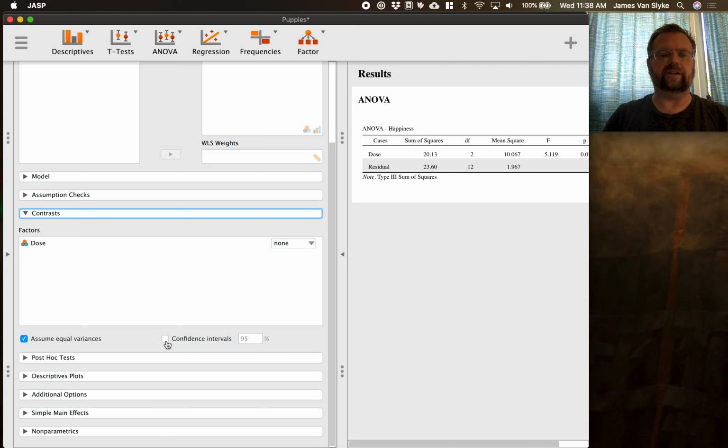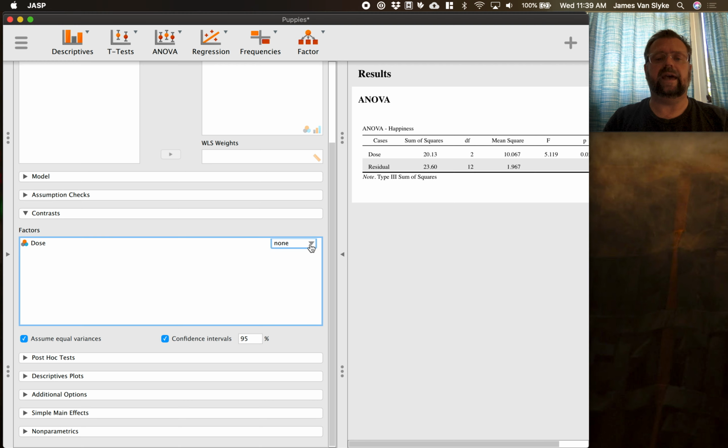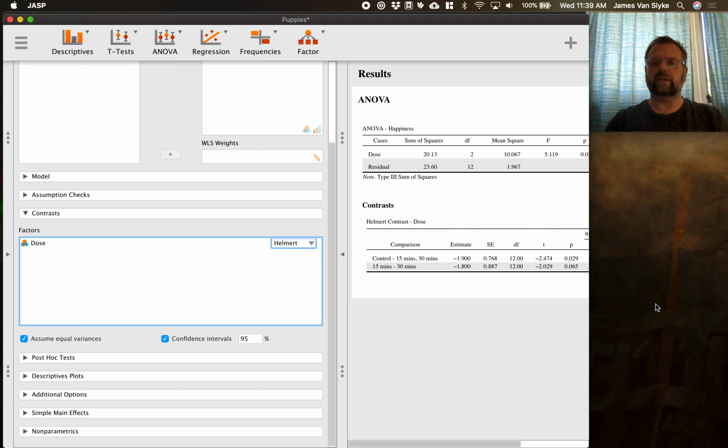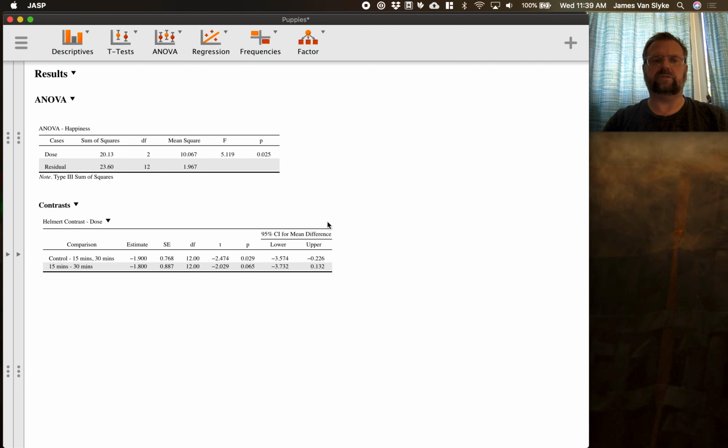We're going to assume equal variances. We're also going to put in the confidence intervals for our contrasts. And then in this case, we want to just do what's known as the Helmert type of contrast. So we click on that, and notice what it does for us. Here are the comparisons that happen. This type of contrast, the Helmert contrast, compares the control to both 15 and 30 minutes.